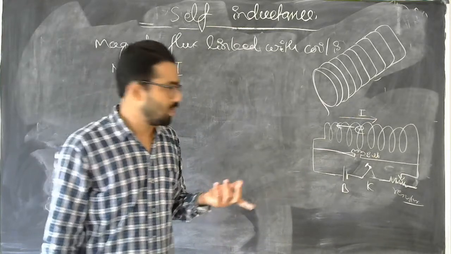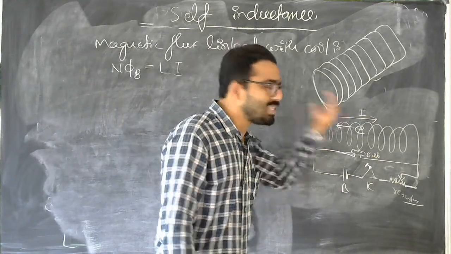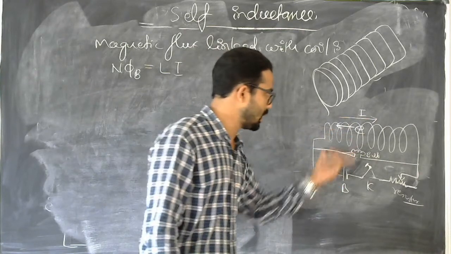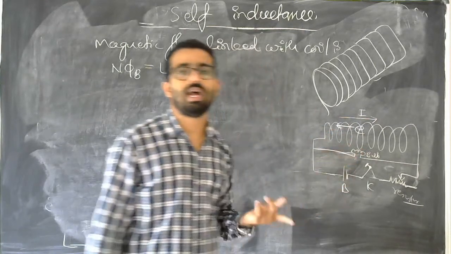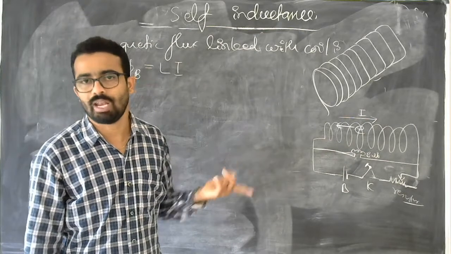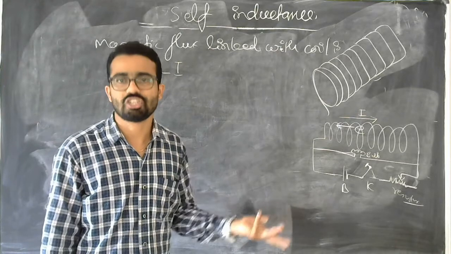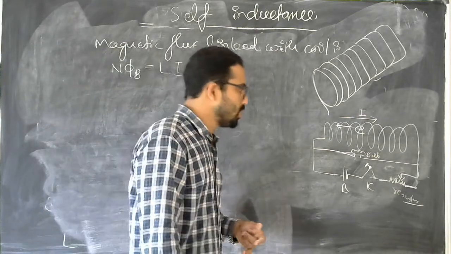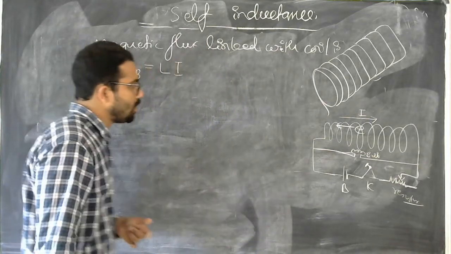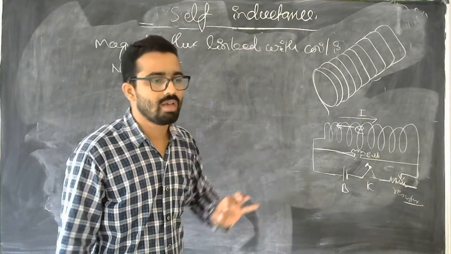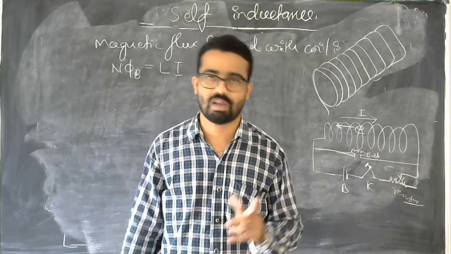It means you cannot easily pass the current, because there is an EMF developed in that coil. So you have to do some work, so there is some inertia. That is why self-inductance plays the role of inertia.